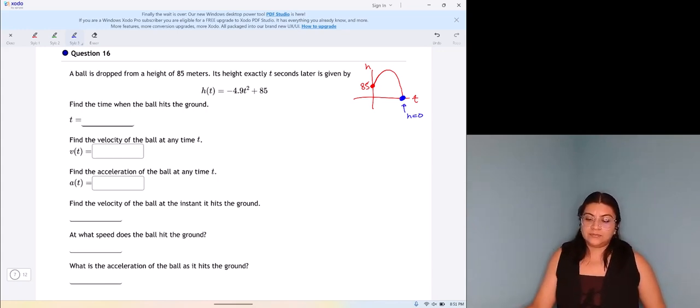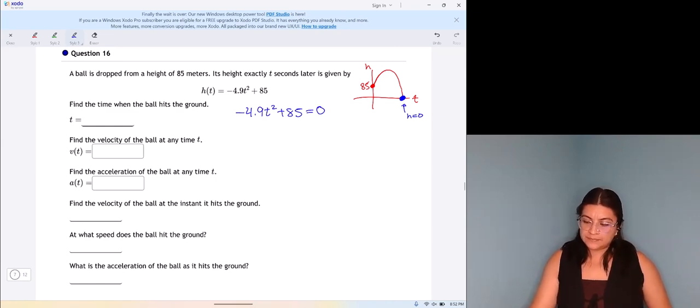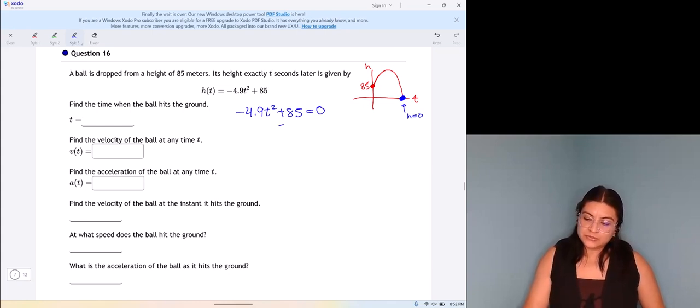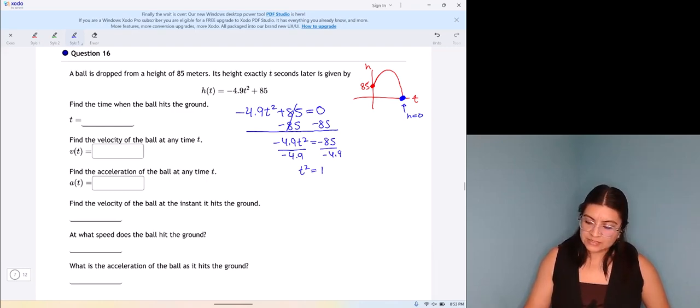The height is 0. We are going to take that equation and we're going to let it be equal to 0, and we are going to solve for t. To solve for t, I need to subtract 85 on both sides. We get negative 4.9 t squared equals negative 85. Divide both sides by negative 4.9. If we don't get a nice decimal here, you can leave it as a fraction or use at least 4 decimals, 17.3469.